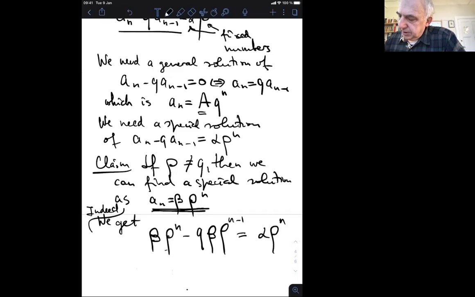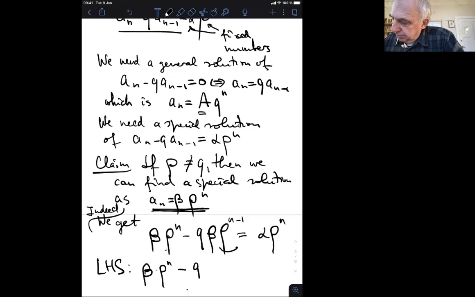I want to rewrite it in terms of rho power n. So it would be beta rho power n minus q beta rho power n divided by rho.